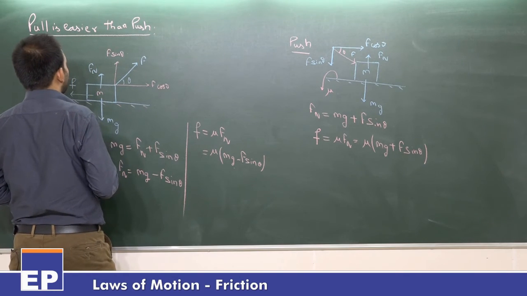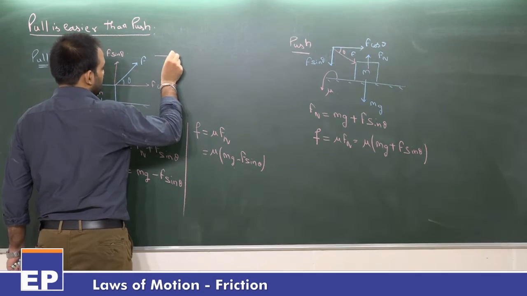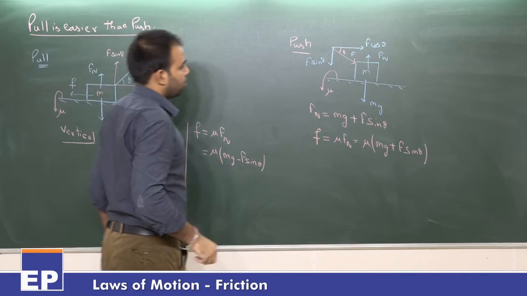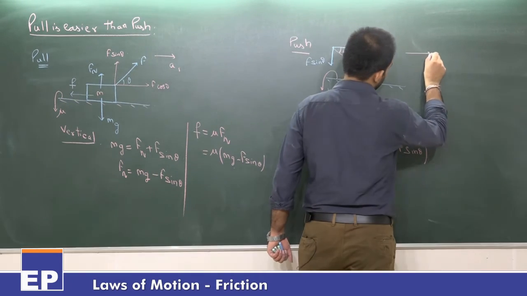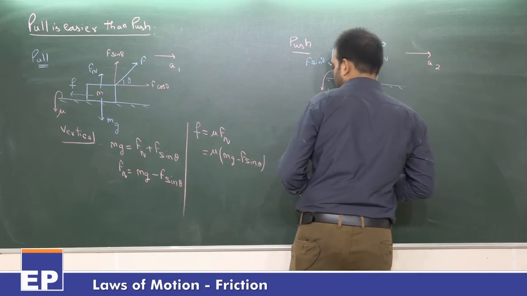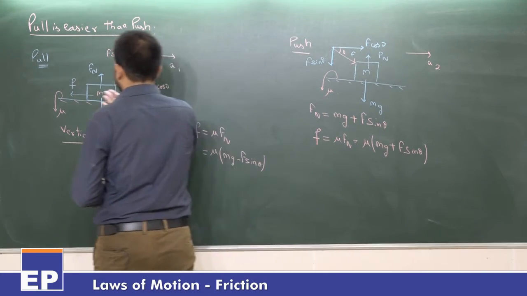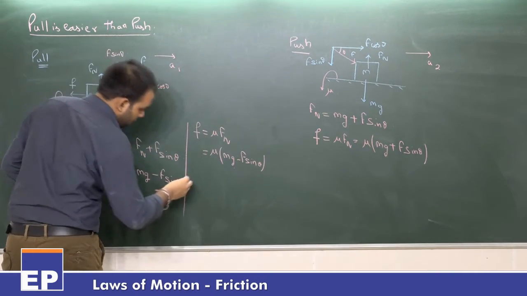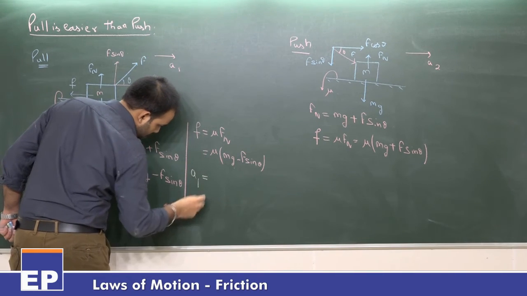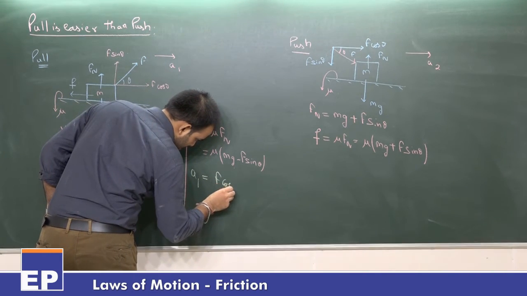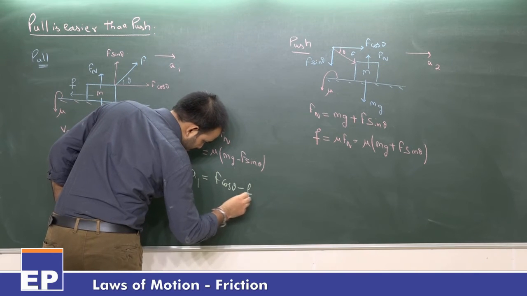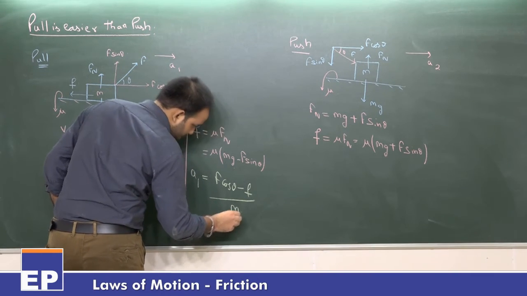If I calculate the acceleration, suppose in this case I calculate a1 and in this case a2. What will be the value of a1? There are two forces acting, this and this. So a1 will come out to be (F cos theta minus f1) by m.